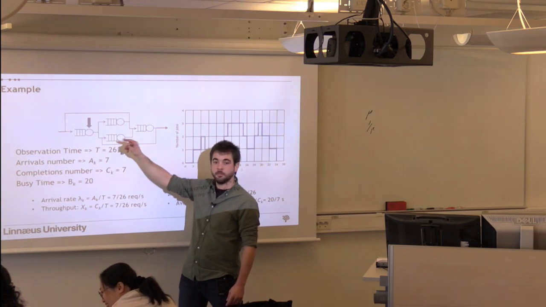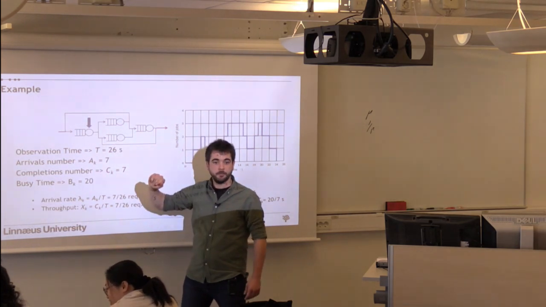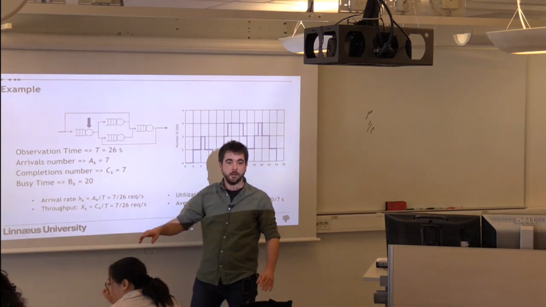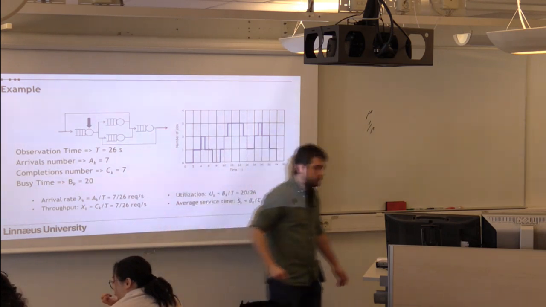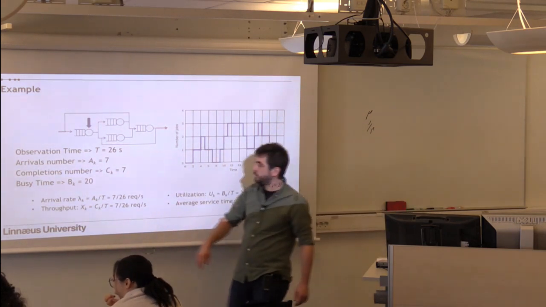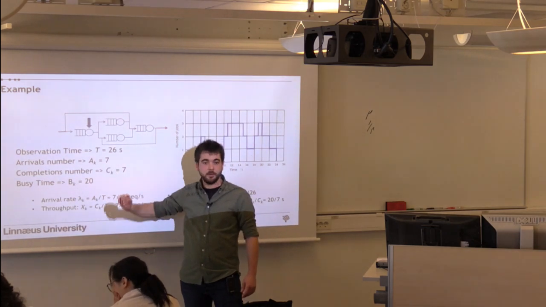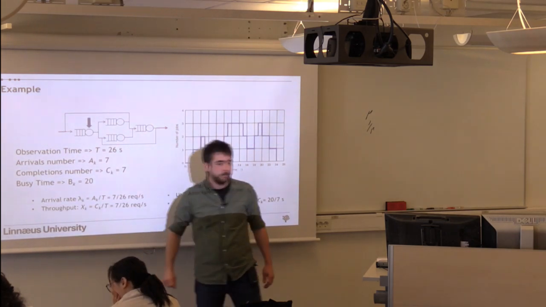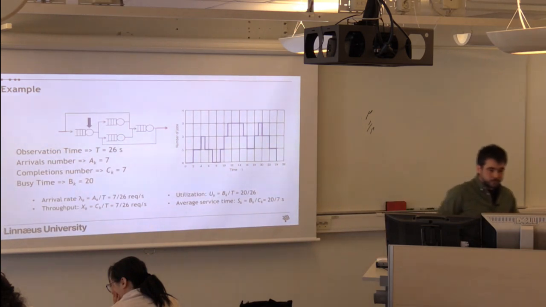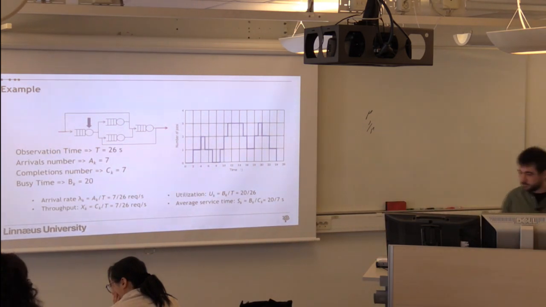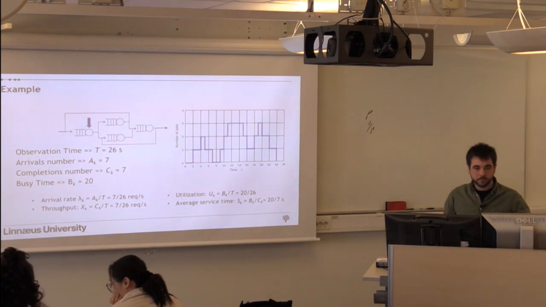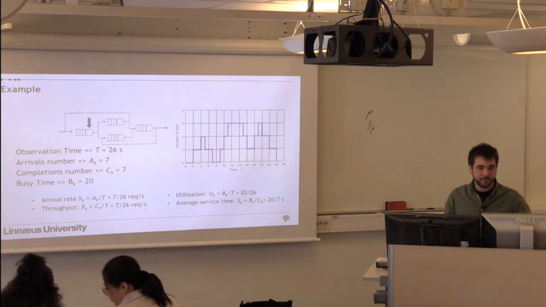Jobs are not disappearing in the middle, in the kind of systems we are seeing in this course. So this is the general theory. For us, the arrivals and completions will be the same.